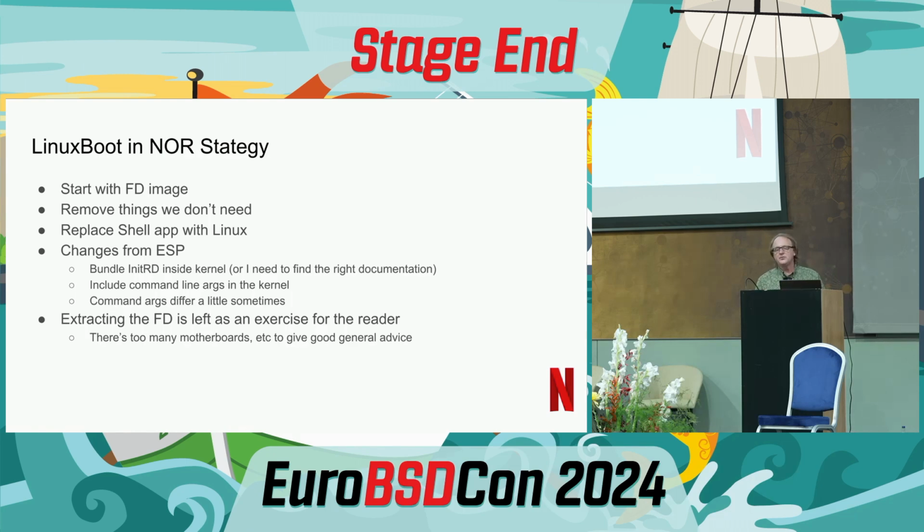The LinuxBoot folks have an experimental DXE driver that will let you separate them out and put them in nicely, but it only works on x86 and certain motherboards, and it's generally experimental right now, so it's a little easier just to package everything into one big chunk if you're wanting to do this today.